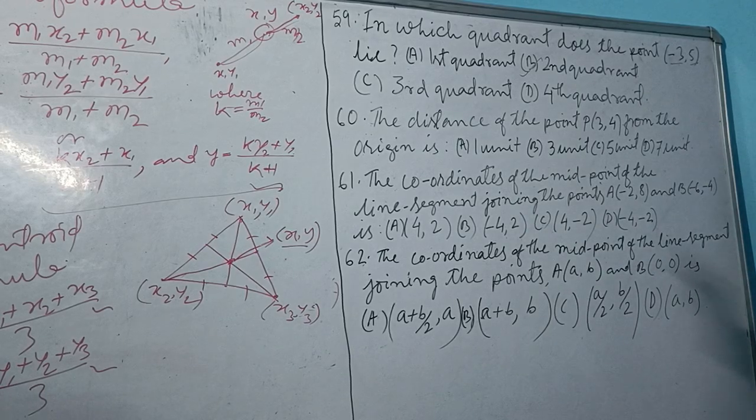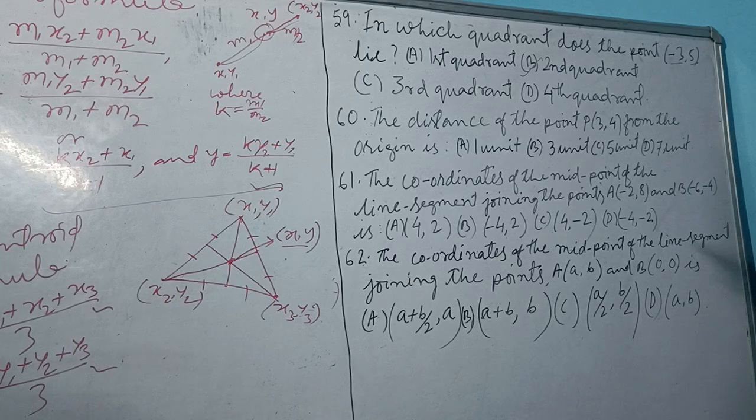But if it is positive 3 and 5, then we will say it lies in the first quadrant. If you get (3, -5), that means 3 moving to the right side, then coming down, negative, it lies in the third quadrant. Clear?